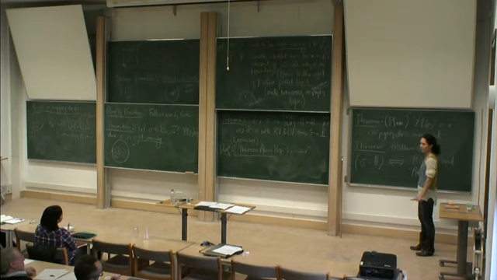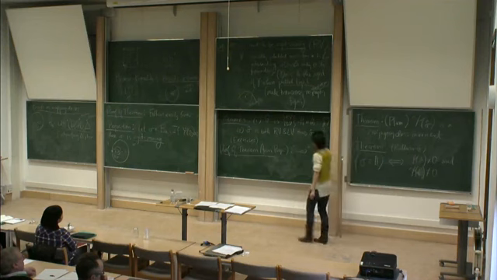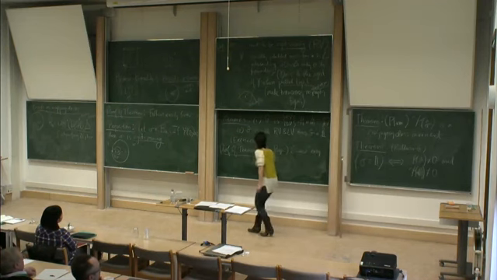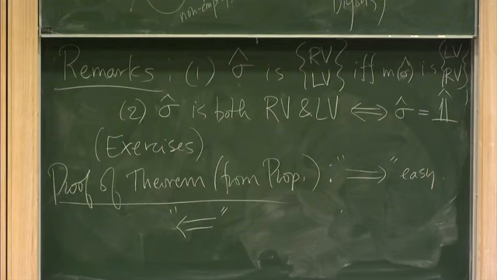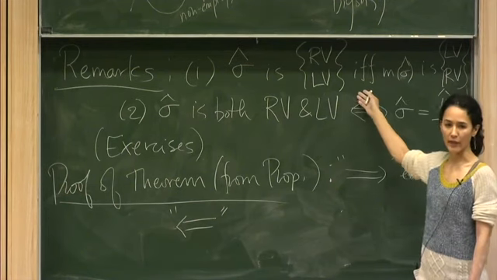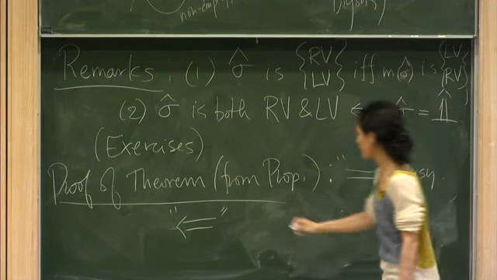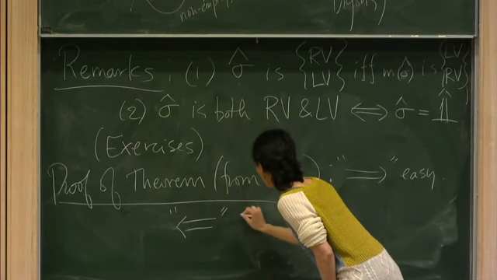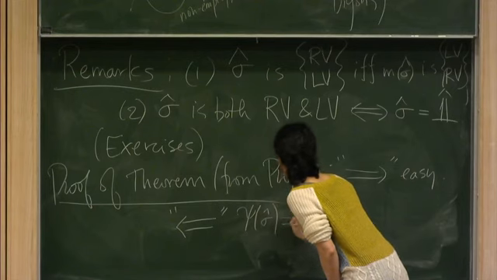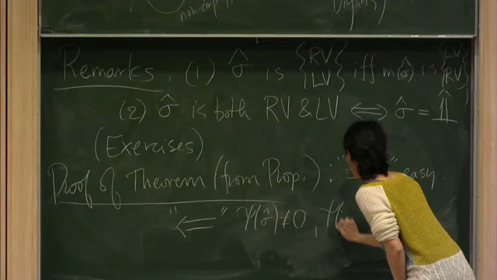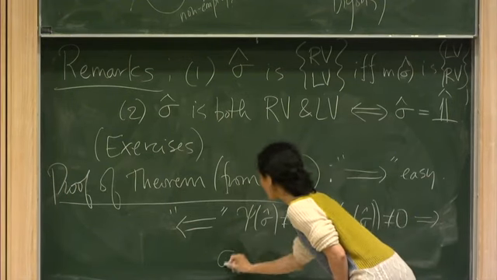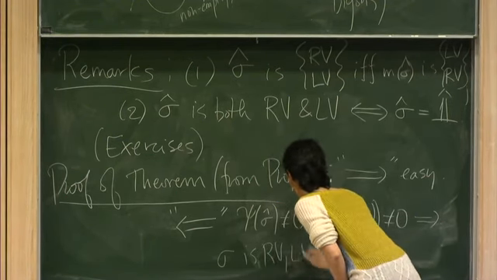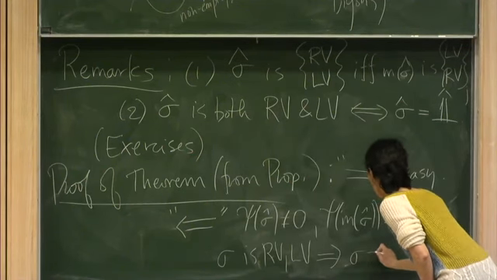There are no differentials, so this is easy. Now if you happen to know that both of these invariants are non-vanishing, then it's telling you that the braid is both right and left varying by these two remarks. So sigma is the identity.